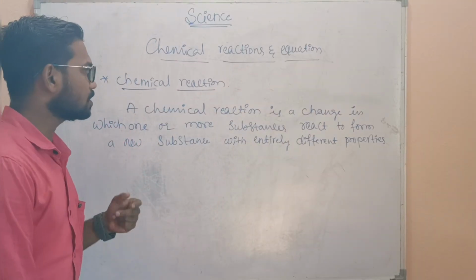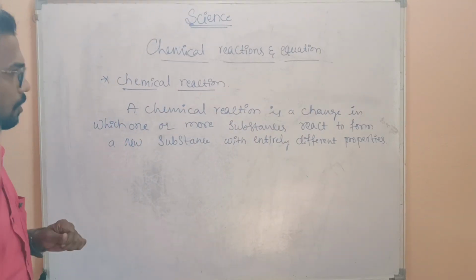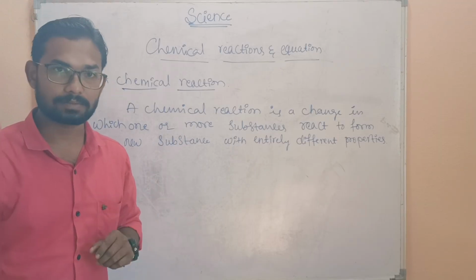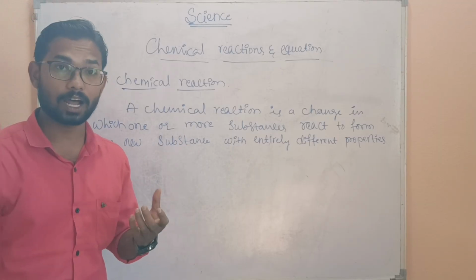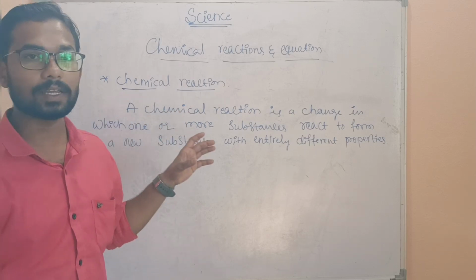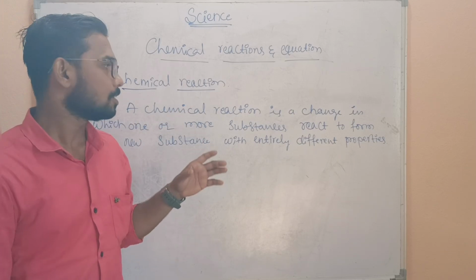So this is the definition of chemical reaction. Next we are going to study how the chemical reaction will take place and how to recognize, how to know that a chemical reaction is taking place or not.